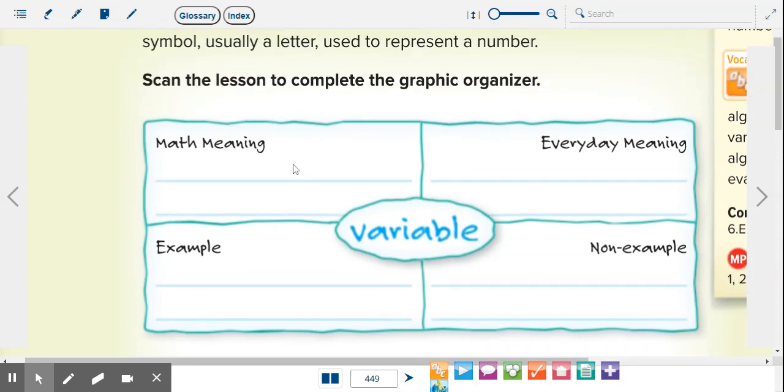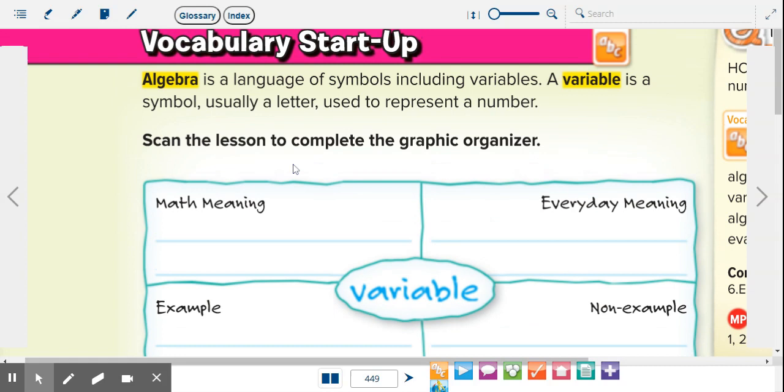So the math meaning. Does anybody know the definition of variable? Use your resources. Layla? It's a symbol. What else could you add to that? Usually a letter. There you go. It's the second sentence right up here, guys.